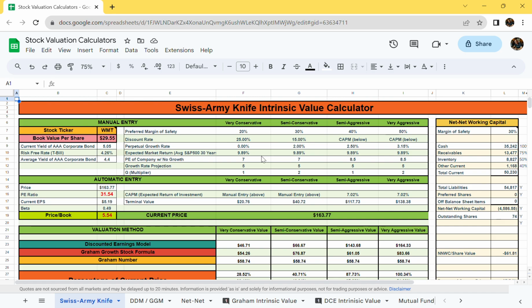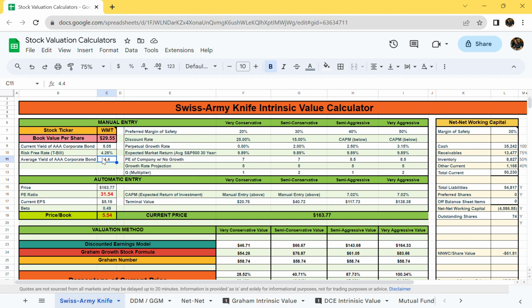As you can see here, these are manual entry. These are things you have to type in in order to get these values to work. These are automatic entries. They utilize formulas that will automatically populate when you enter these.